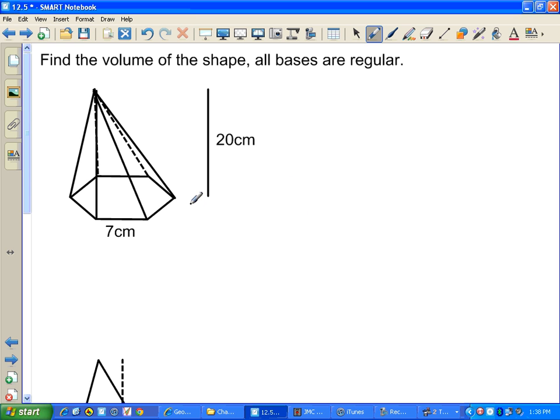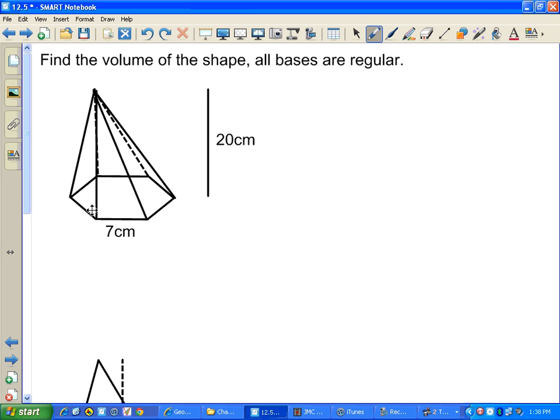What's nice about this is we don't have to have nice orthogonal prisms. The peak doesn't have to be right in the middle of our pyramid. We just need the overall height, from base to point.